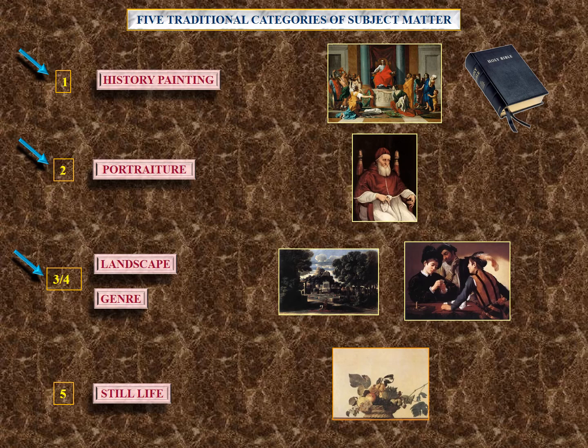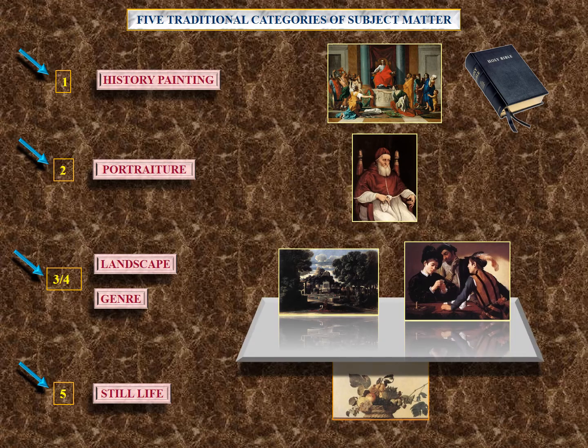Depending on which art theorist you're reading, landscape or genre is given the higher ranking. But everybody agreed that still life painting was at rock bottom. They were like the grunt soldiers of the army of artists. So that's shelved way down below.